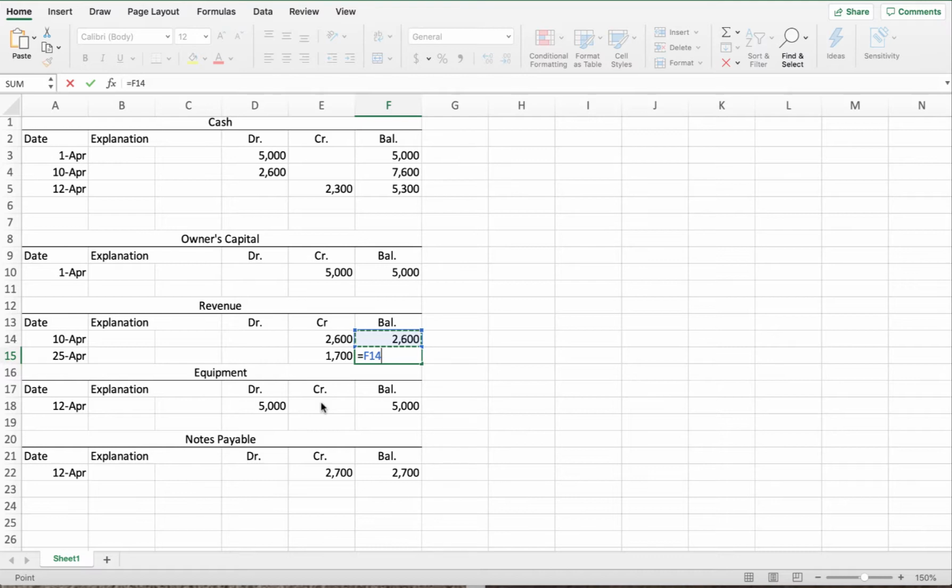So go a cell above it, take that data, and then do some mathematical function. Minus. Well, I have to enter some other data. So in that case, I'm going to go over and say E15. So again, just to reiterate, in the balance column, in cell reference F15, we're telling Excel, go one cell above us, take that data, and then subtract whatever data is in the cell to the left of F15.